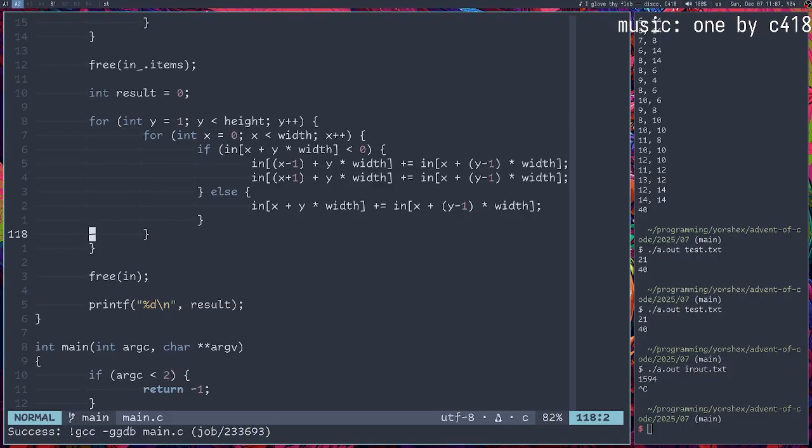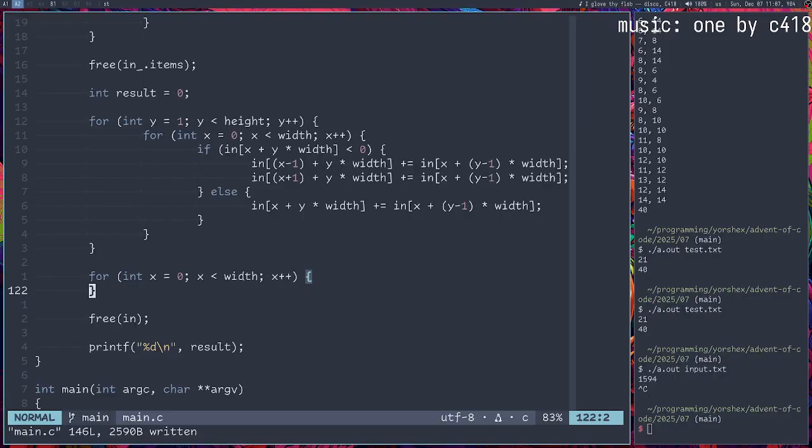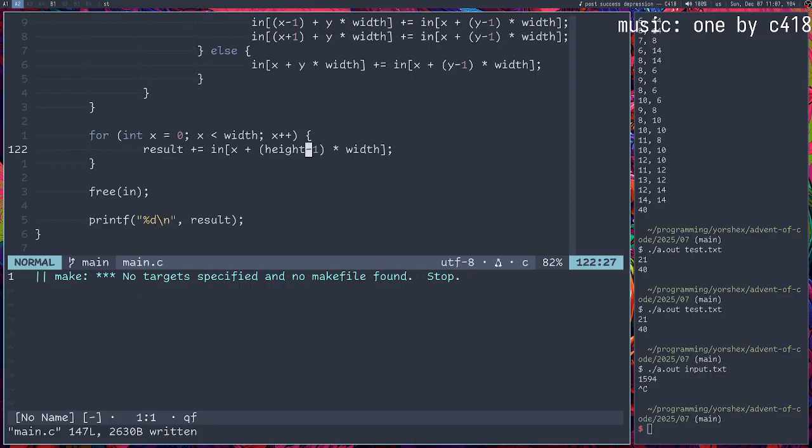So, and at the end, for int x is less than width, x plus plus, at the end we simply add each one of these values that we got at the bottom, so height -1, to the result.